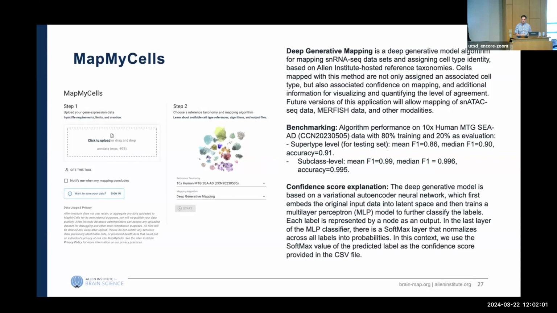You have the gene expression based data. We use this encoder based method to find the best representation of this data, and you can try this. It's been benchmarked. We also have a confidence score measurement that tries to show you how well things are mapped in the data as well.